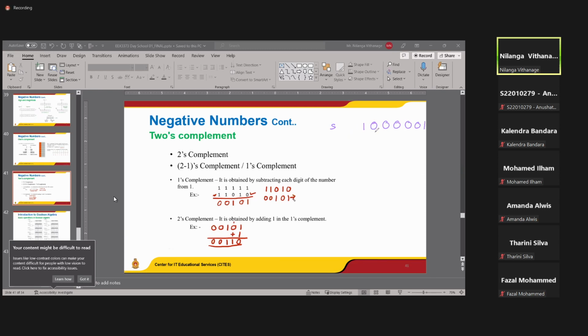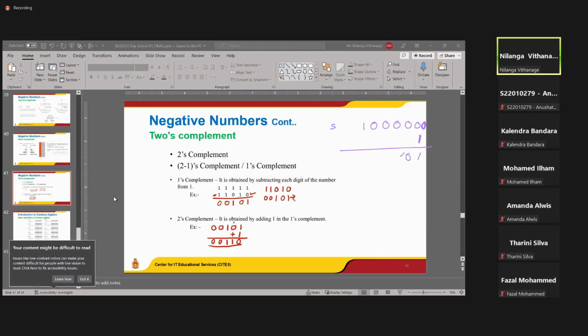Since this is in 2's complement format, you have to add 1 to convert into normal binary format, right? So if you want to convert this one into normal binary format, you have to add 1.